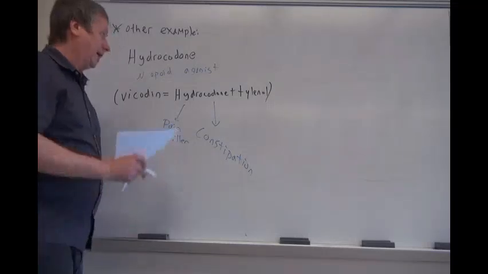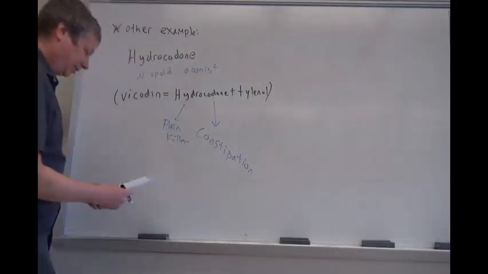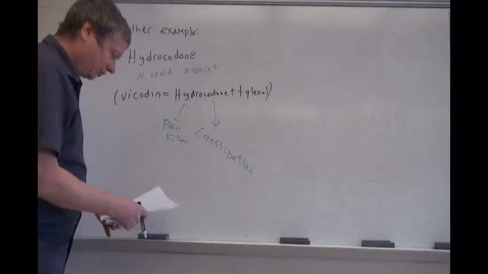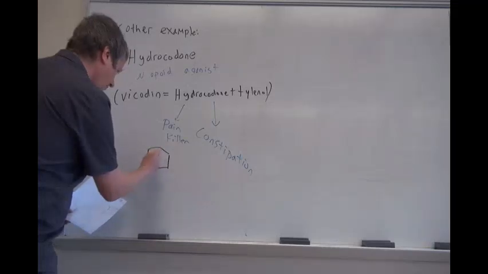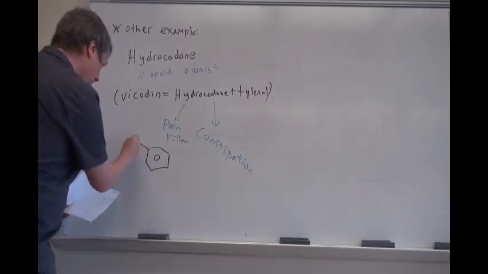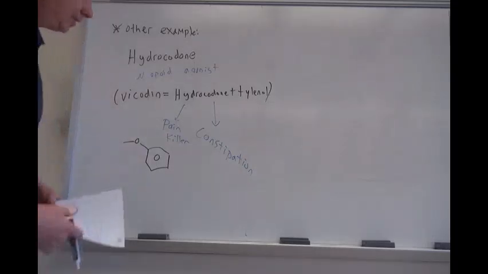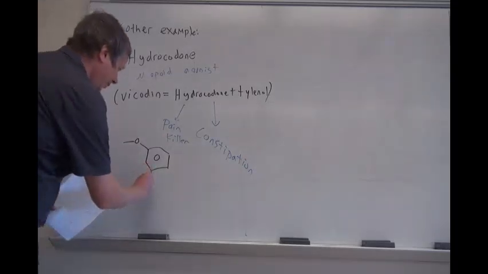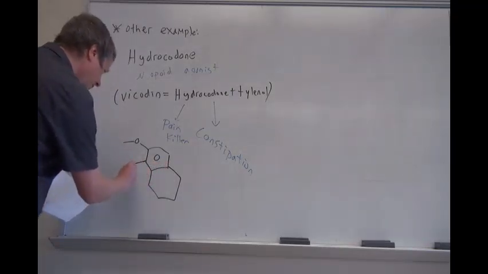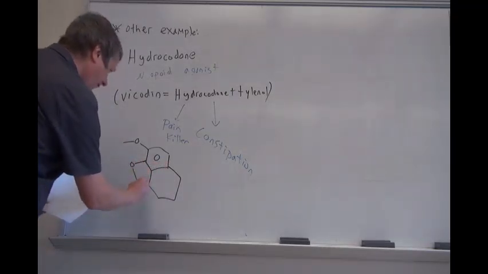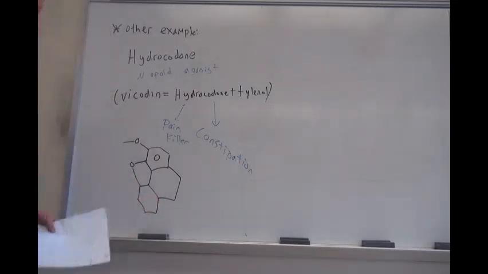Right? And what's the chemical structure of hydrocodone? All the opioids you kind of draw in a similar fashion. There's a benzene with a methoxy group, a 6-member ring on the right, a 5-member ring on the left, and a 6-member ring on the bottom.